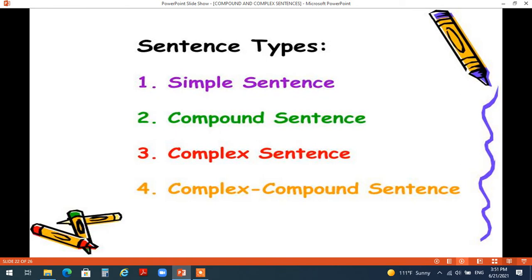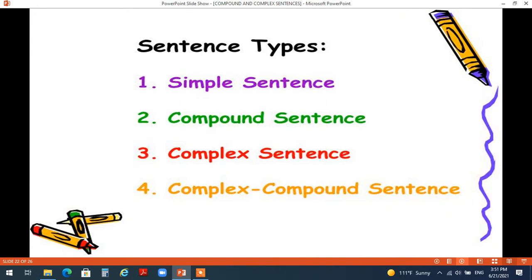Now, as a result of all what has been said in this lecture, we can conclude that there are 4 sentence types depending on the types of conjunctions to be used or on the types of clauses which are found. So, the first type, as we have already known, is called the simple sentence, which is made up of one single clause.